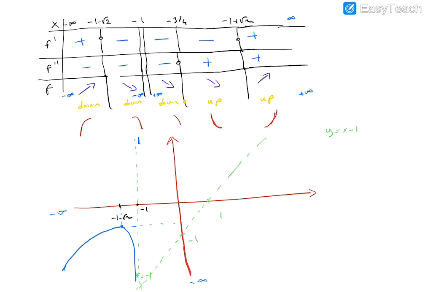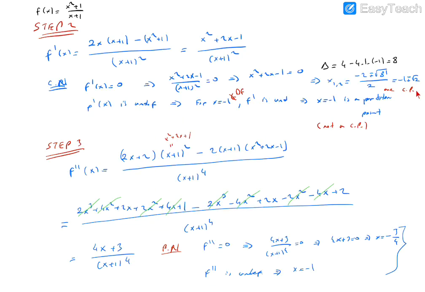Let's check the solution. Okay, here I found the mistake. When we distribute the 2 here, this should be 2, so this is 4. If you cancel the x plus 1 terms, this is 4 over x plus 1 cubed.